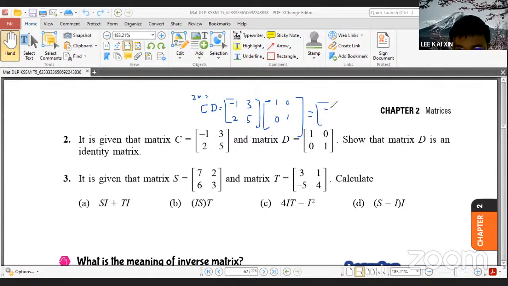First we use -1 times the 1 here, the 1 times the 1 here.